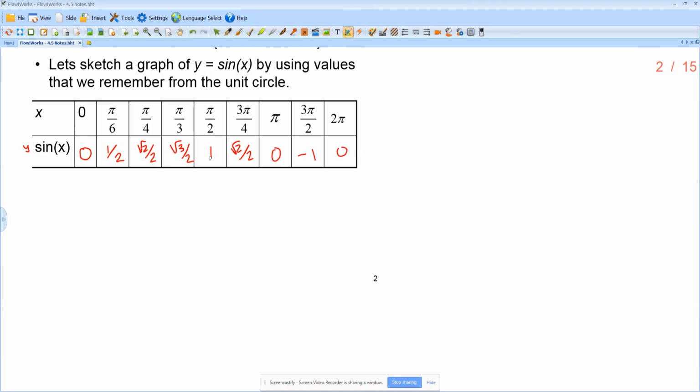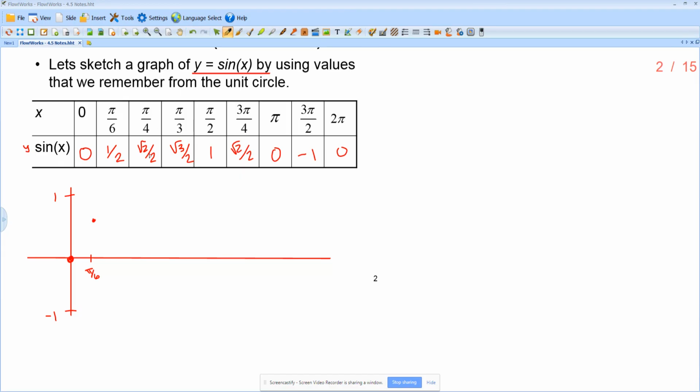So if I wanted to give a sketch, an idea of what just sine x looks like, here we'll draw this, and we're going to go from -1 on our y values to +1. When x was 0, y was 0. When x is what we're going to call pi sixths, y was 1/2.